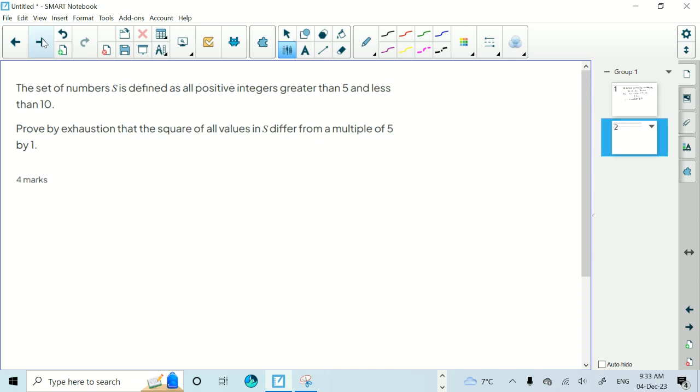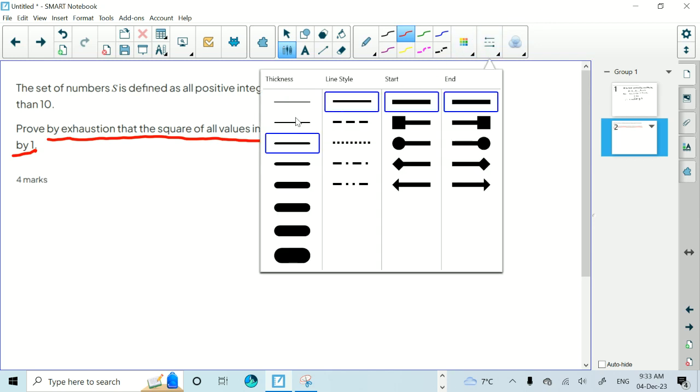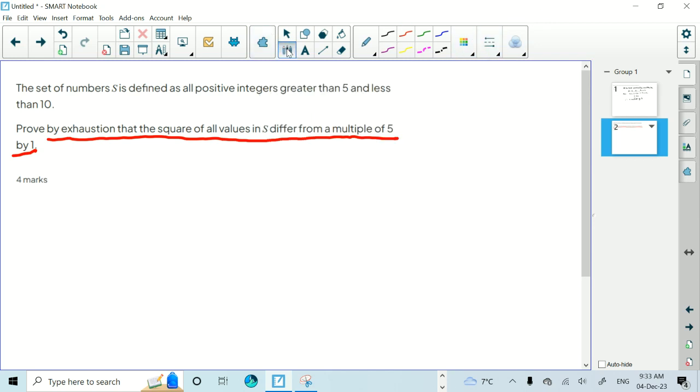Now, the key here, and I'll underline it, is where it says prove by exhaustion. That means we have to use a particular technique in order to attain our answer and be given the 4 marks. So the proof by exhaustion is how we go about getting the answer.